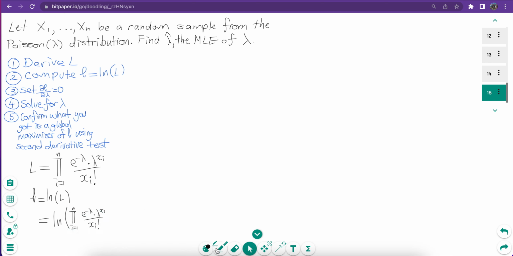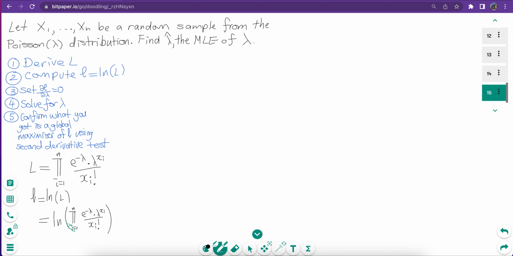The reason why we do this in the first place is that it can be proven that optimizing log likelihood is identical to optimizing likelihood. You get the same lambda hat value in this case. Another reason is that we're eventually going to apply differentiation, and to differentiate a product is complicated. To differentiate a sum, which this converts to, is not complicated.